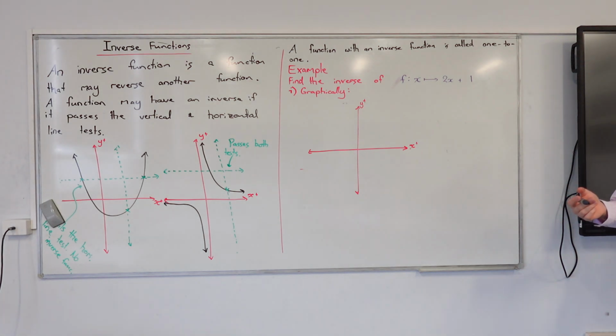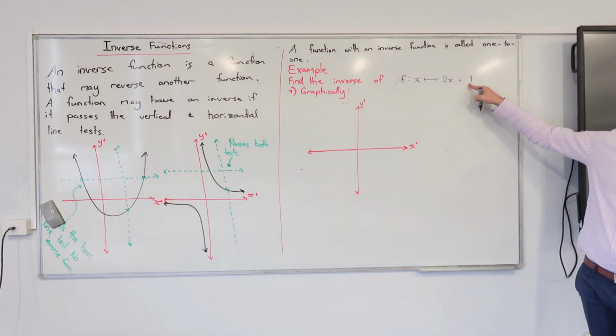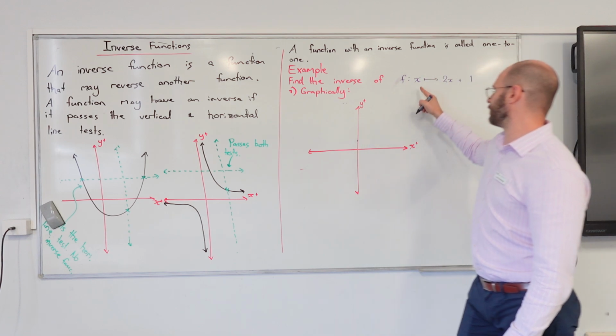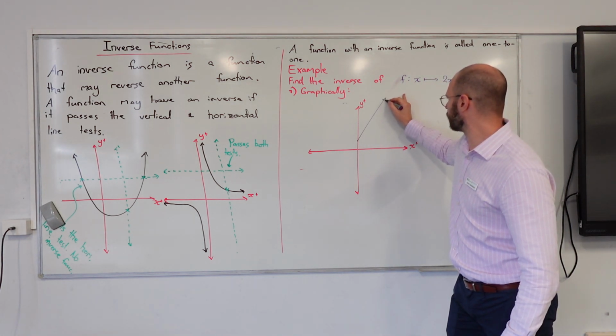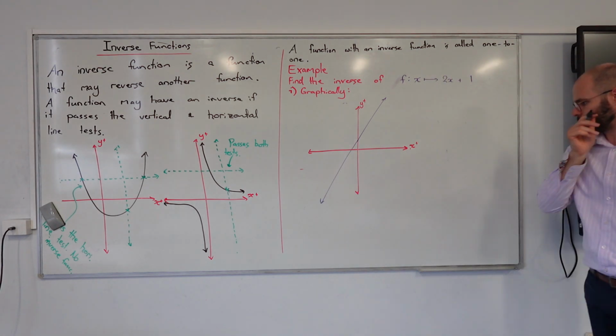I'm just going to sketch for now because I've got no choice on the board. I know that it's going to cut the y-axis at 1, and it's going to have a slope of 2. Like that.